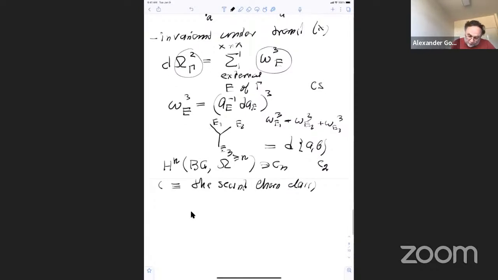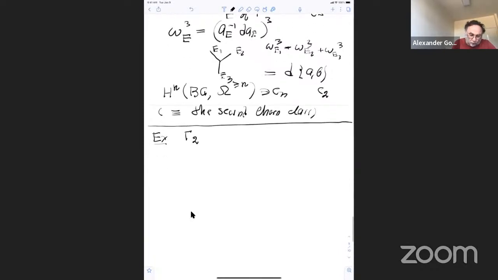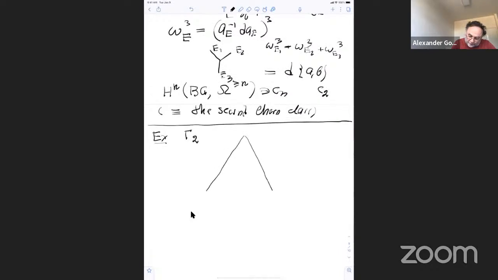So now let me give you an example where you see how this works. So let's do an example, in the case when we consider just gamma 2. It's not about forms, it's about the coordinates. So I promise that the coordinates are Gelfand-Retakh quasi-determinants.